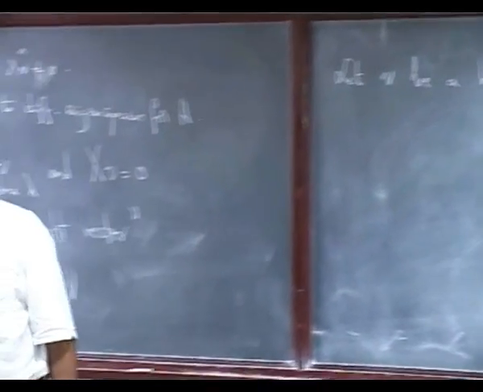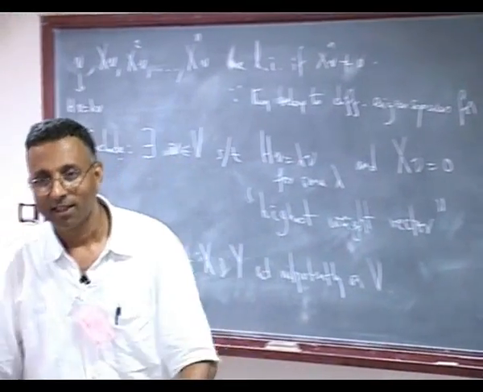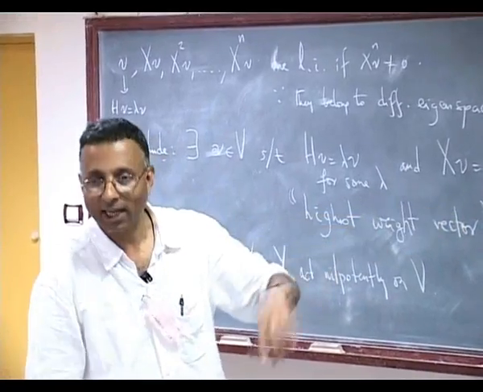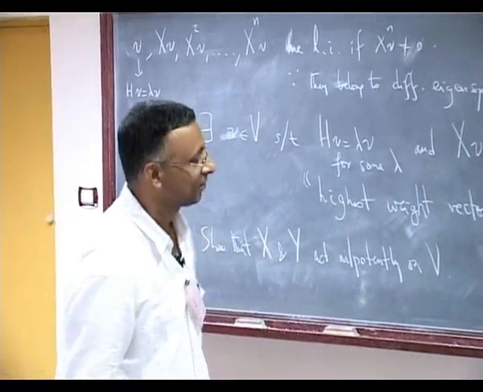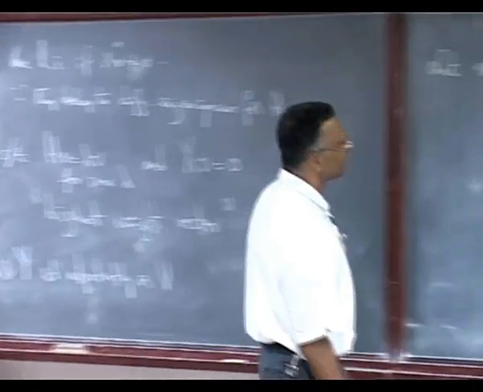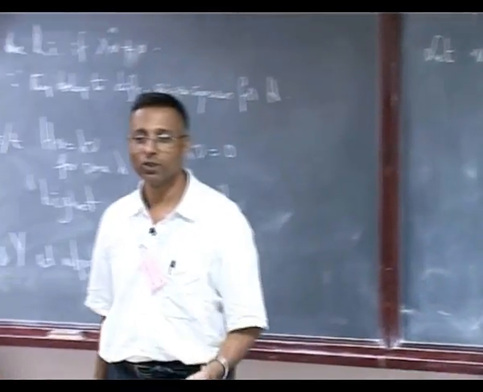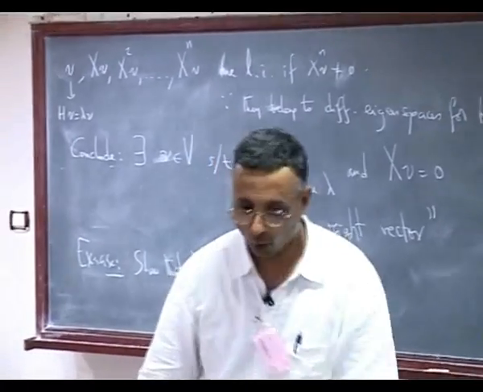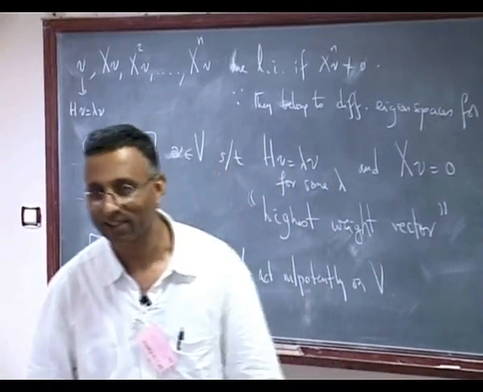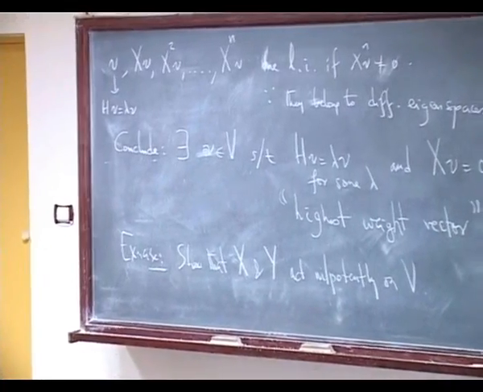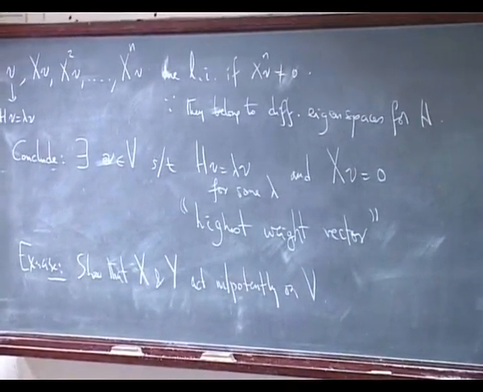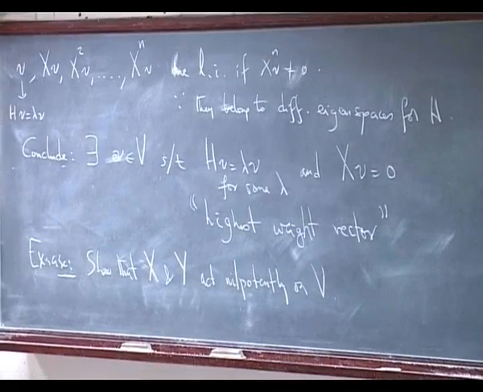That's called a lowest weight vector, because H acting on that will keep going down. So yes, you could develop the theory with lowest weight vectors and Y in place of X. But no, we are not assuming V is irreducible.